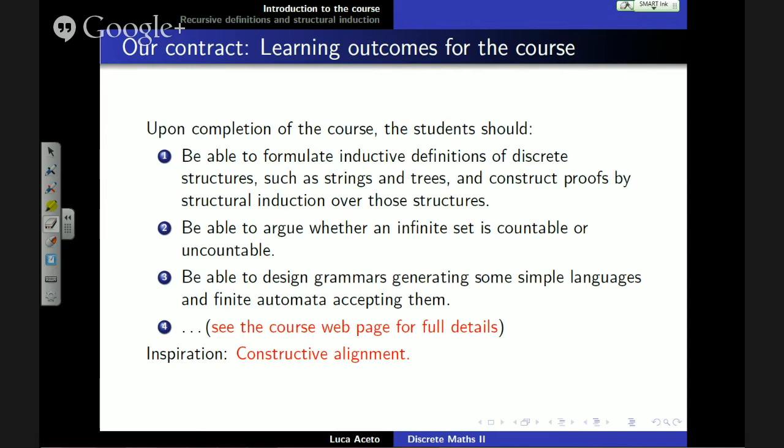I hopefully know what I'm supposed to be doing, namely to try and help you master this material. Note, I didn't say to teach you this material. I said to help you master this material. Why? Because you learn.